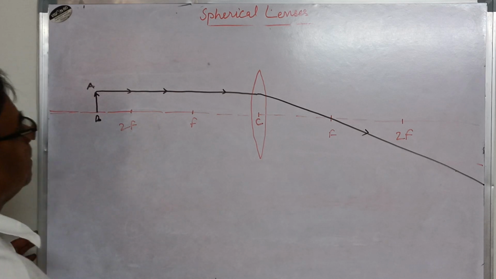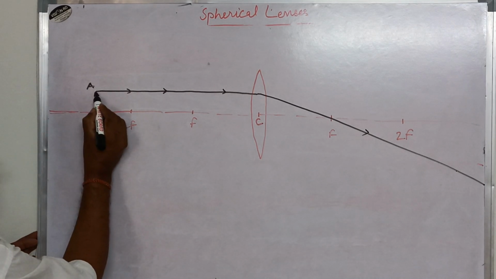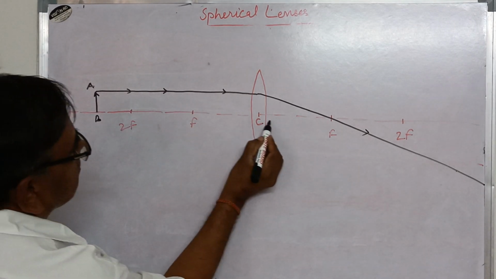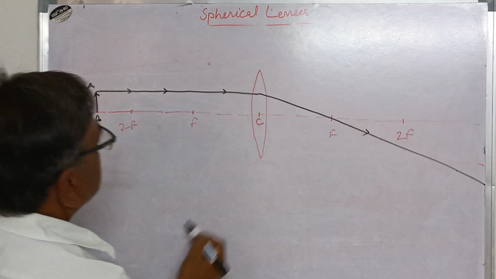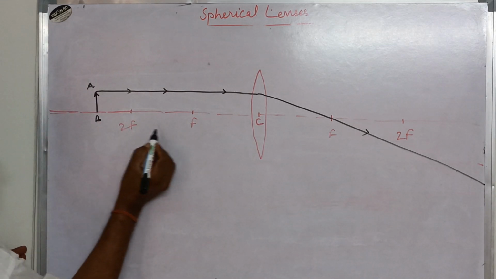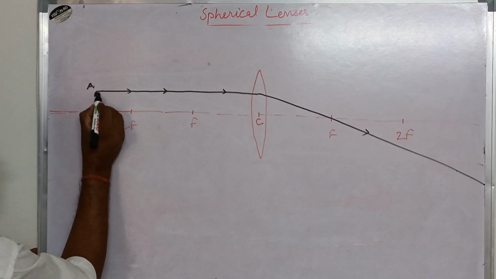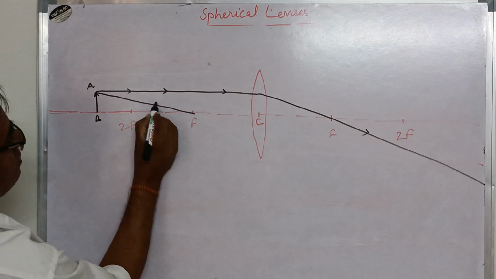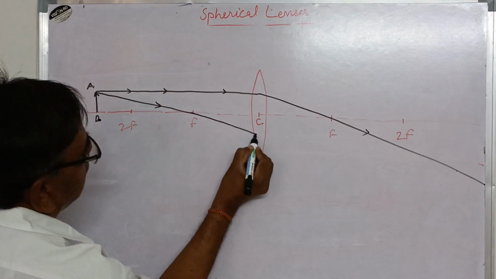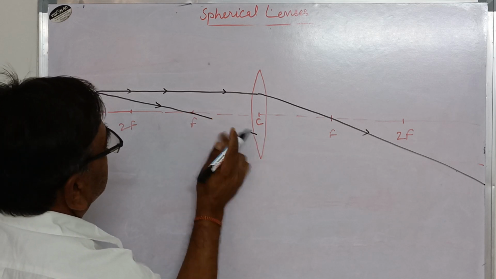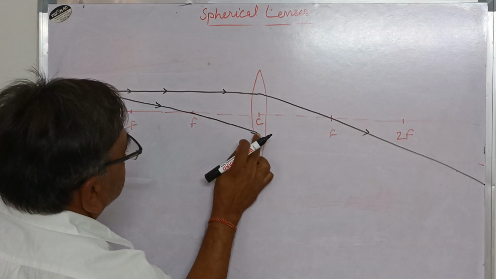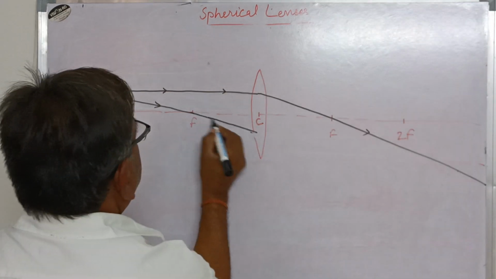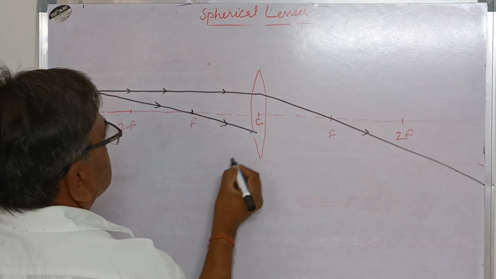Now you can take a ray that passes from C, or you can take the ray that passes from F. Let us take this one, which passes from F. So this passes from the focus.